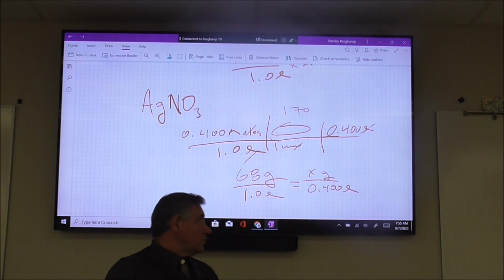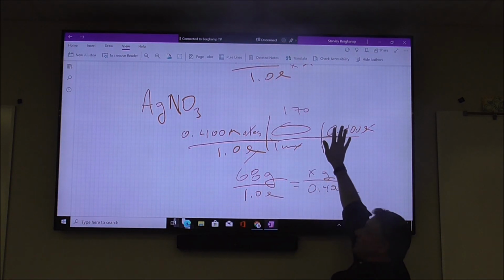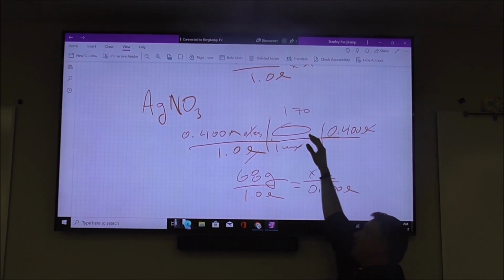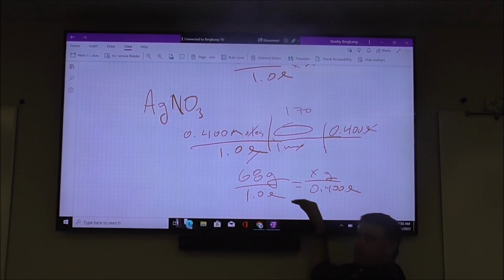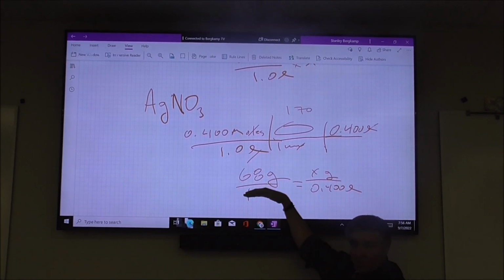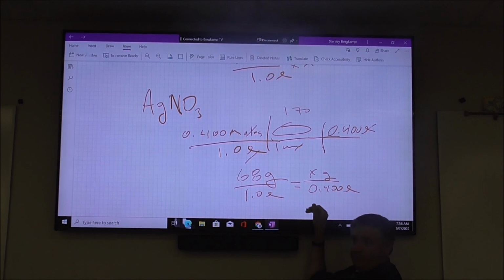You do this step right here: you take 0.4 times the molar mass of silver nitrate, and you say, oh, that's how many grams I'm going to need in 1 liter. And then you set up a ratio. This is about 68 grams per 1 liter is going to equal X number of grams over 0.4.